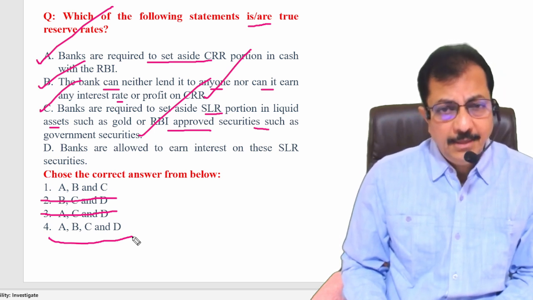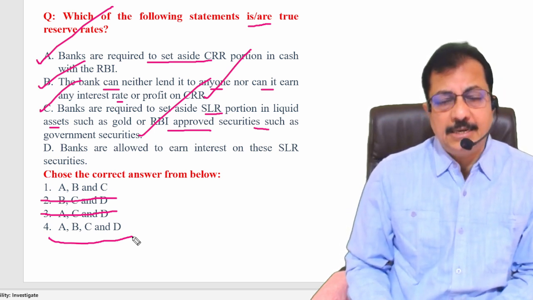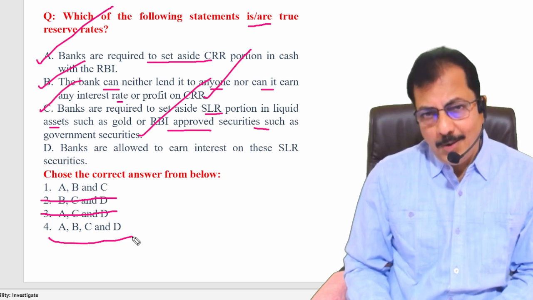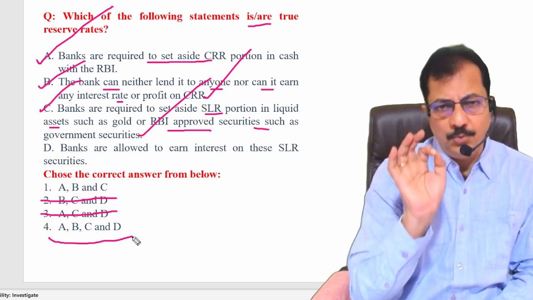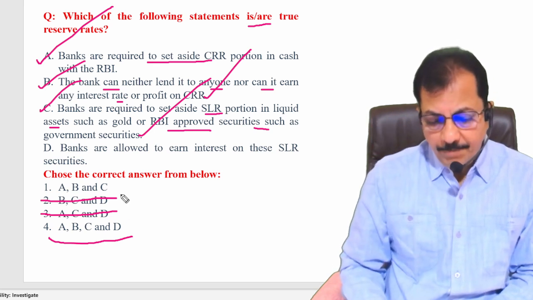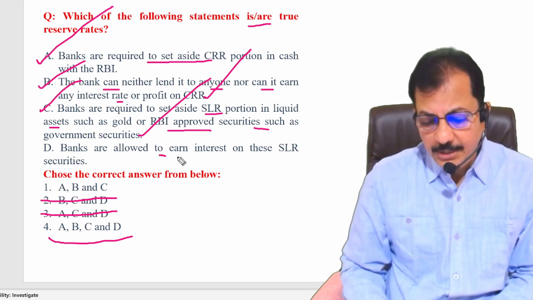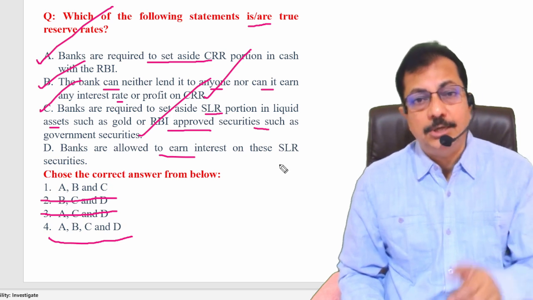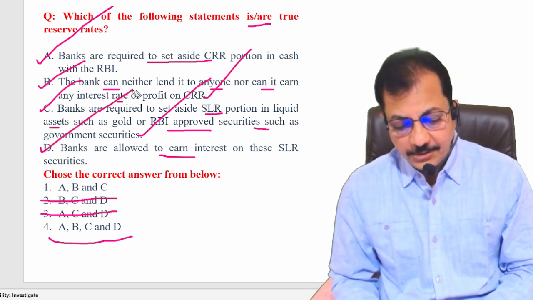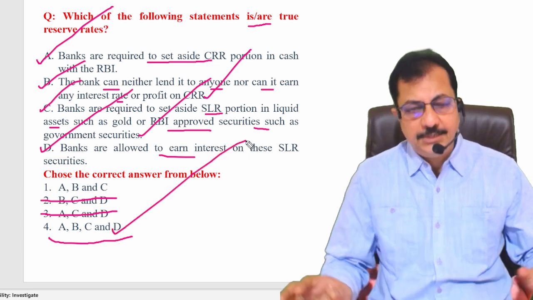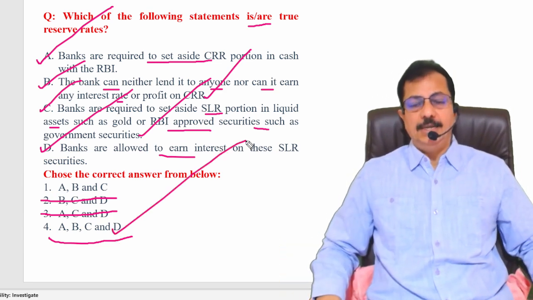That is the reason why, in these circumstances, you have to read all the statements very clearly. Don't jump onto option 1. Am I clear? D: Banks are allowed to earn interest on the SLR securities. Right? So we are very clear now. So my answer should be option 4. That's it. Is that clear?